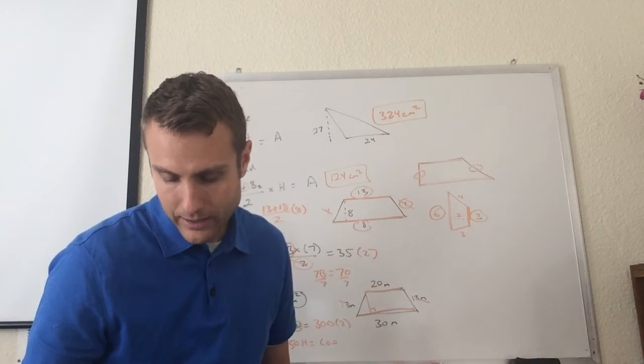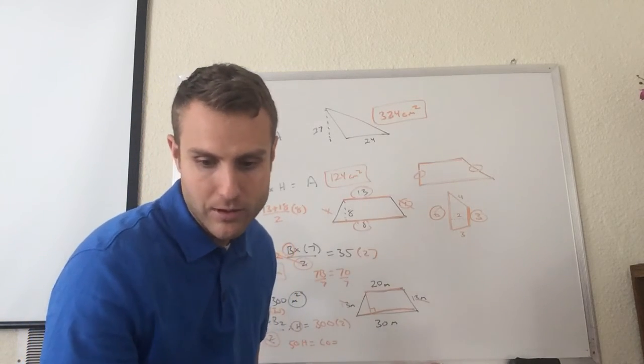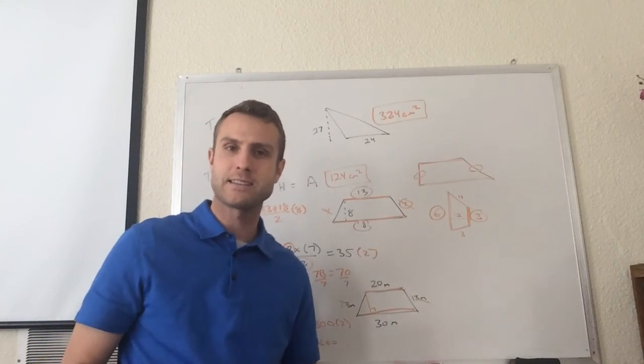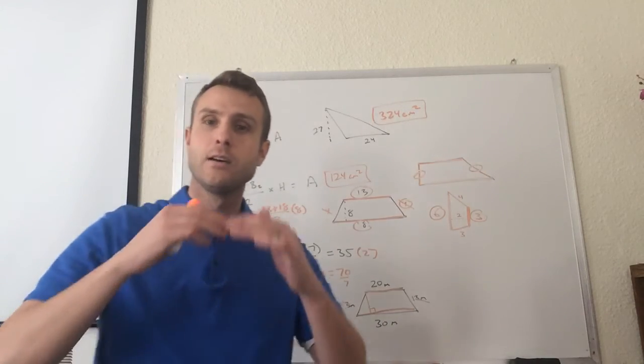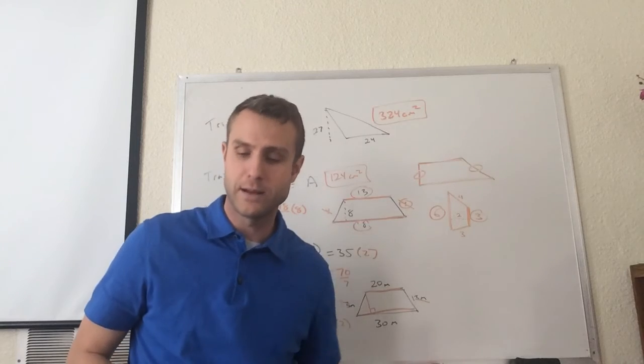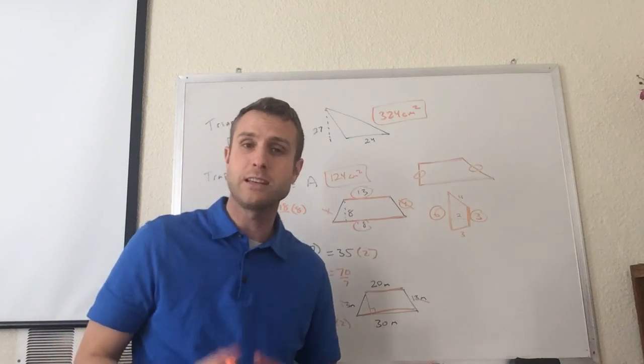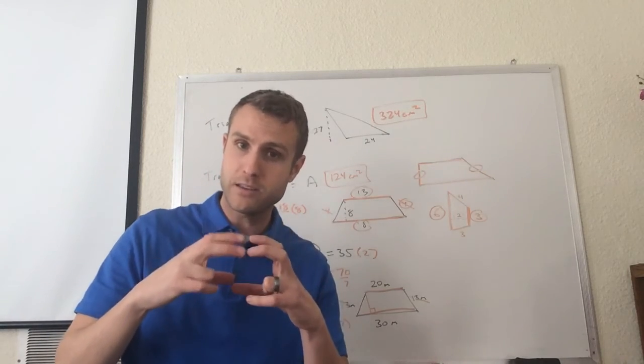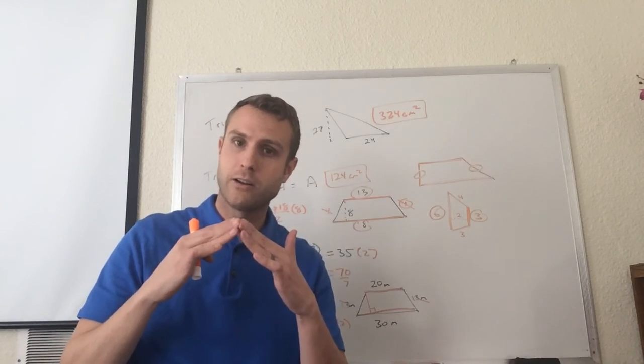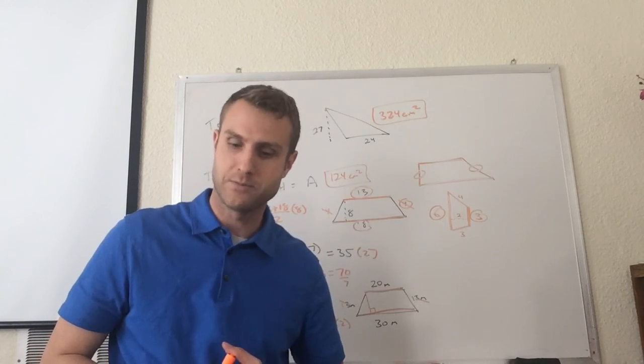Notice for numbers 13 through 18, just like the lesson we talked about last time, if it's missing something, find the whole thing and then subtract what it's missing. So for example, for 13, it's a square, so find the area of the square, but it's missing a triangle, so then subtract the area of the triangle that it's missing.